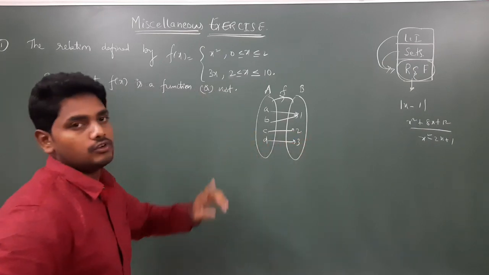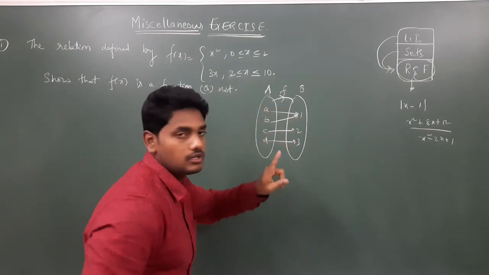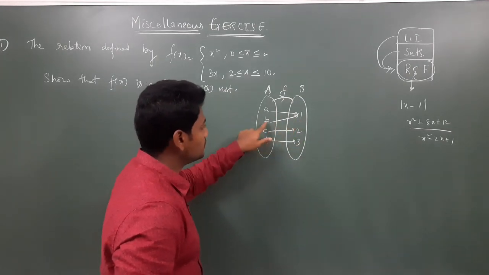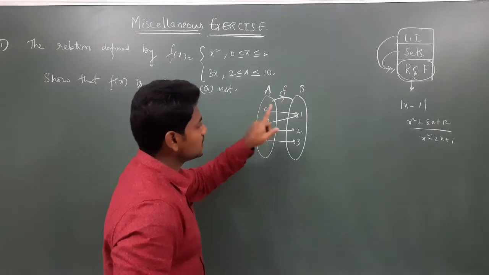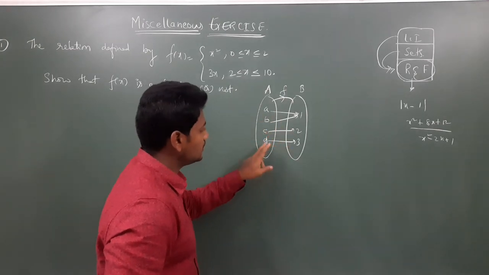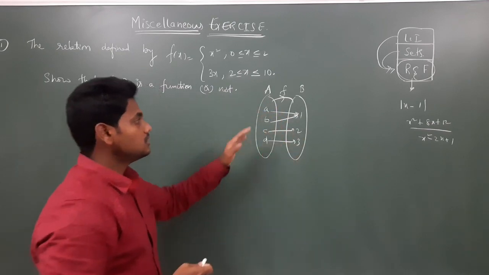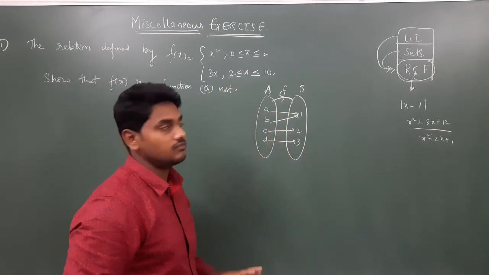A is having only one image, B is also having one image, no problem. Why? Because A is having only one, C is having one, D is having one, and every element of A is having an image. This type of relation we consider a function.